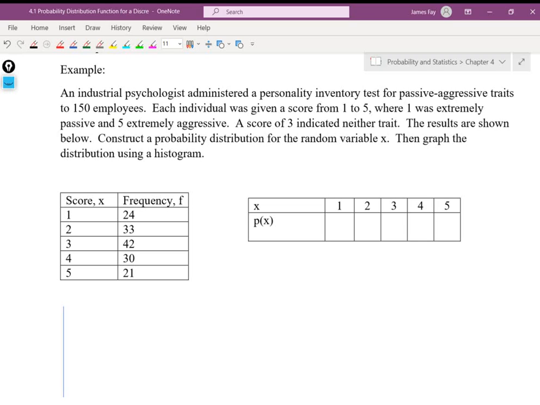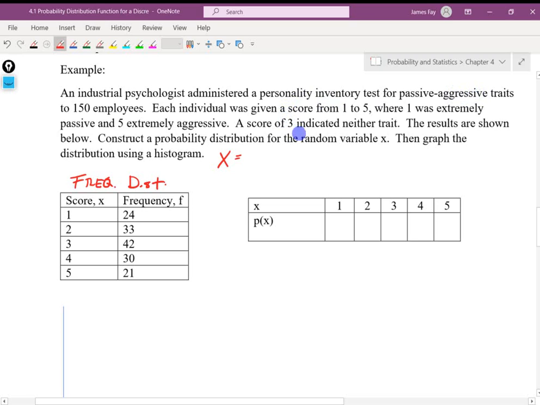So we've already got a frequency distribution over here, right? Remember, a frequency distribution tells us how many times each one of those events was occurring. If I'm talking about capital X, which is my discrete random variable, the story here says that we're talking about the personality inventory test for passive-aggressive traits, right?